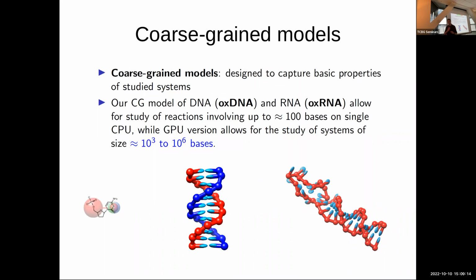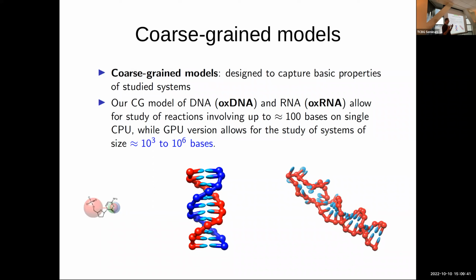There has been some very heroic effort done by people in this room and Alex's group and his postdocs and students that did manage to get some very nice full atomistic simulations of some of these devices and structures. But our approach is a bit different. We decided to sacrifice precision for speed, so we developed coarse-grained models. Coarse-graining in our case is done with what we would call a top-down approach.